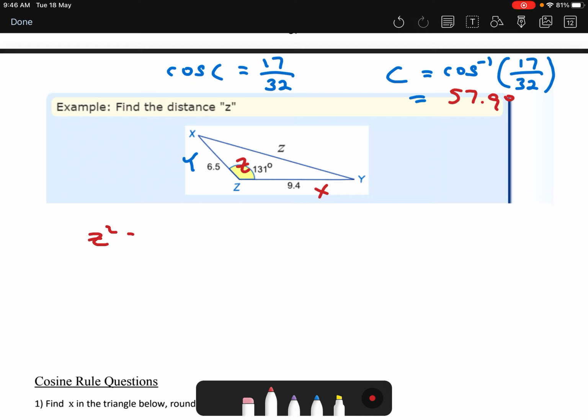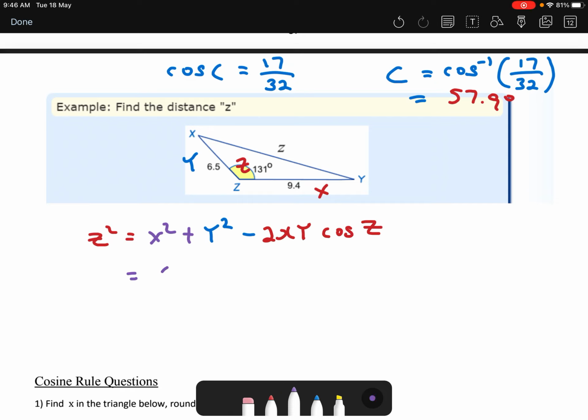So Z square is equal to X square plus Y square minus 2XY cosine Z. So just plug in the numbers.